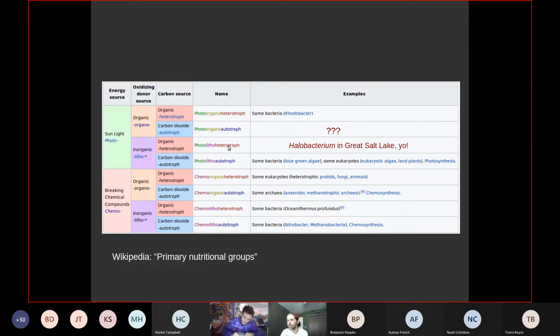You don't have to get your carbon from the air like a plant. We've got weird bacteria. Actually, they're archaea. They're just called halobacterium. Really perverse name for these because they're archaea. But we've got halobacterium in the Great Salt Lake, all that pink stuff in the north half. They do photosynthesis, they split water, but they actually are getting their carbon from other sources.